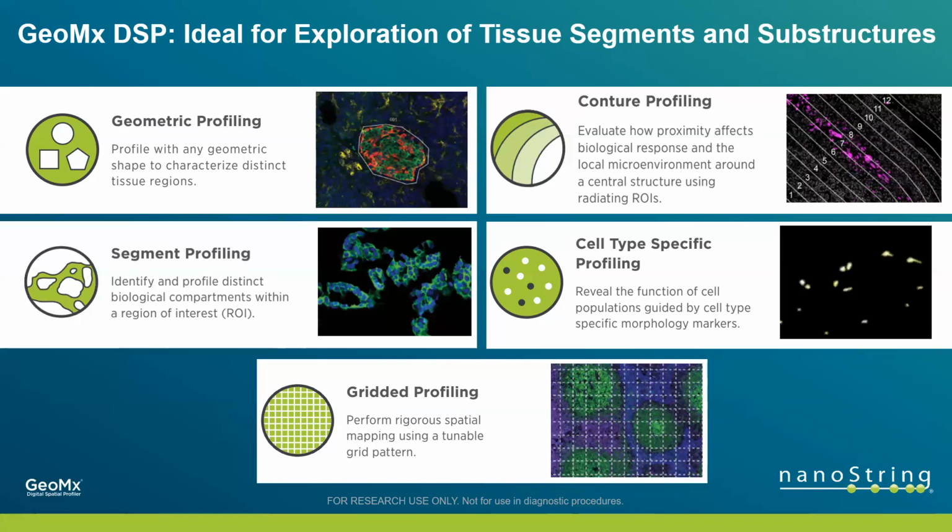So with this GeoMx profiling approach, for example, you can look at how these distinct regions are organized, or do segmentation profiling across distinct biological compartments within a specific region of interest, looking at, for example, pan-CK positive and pan-CK negative cell types, all within that specific region of interest. This allows you to get a very rich data set of not only genes, but pathways as well.